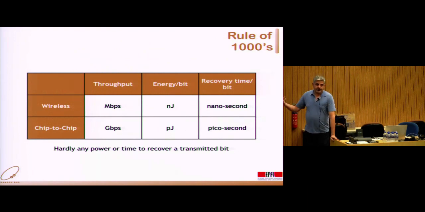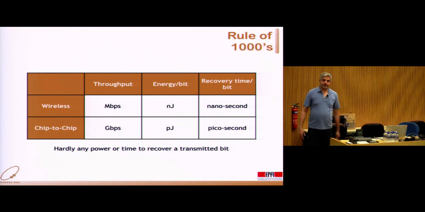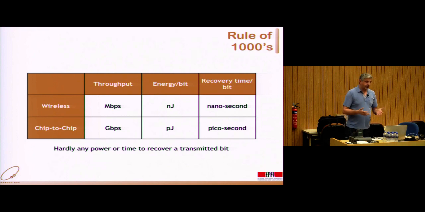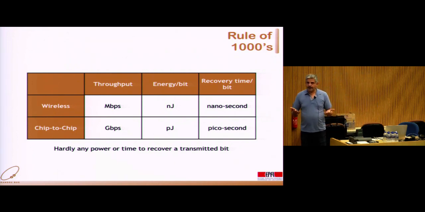Often when I give this talk, it's in front of people who know something maybe about wireless or information theory. So there is something I call the rule of thousands. If you work in wireless, then the throughputs you're dealing with are typically in the megabits per second, maybe hundreds of megabits per second, but still megabits per second. When you do chip-to-chip communication, it's 1,000 times higher. We're talking about gigabits per second.